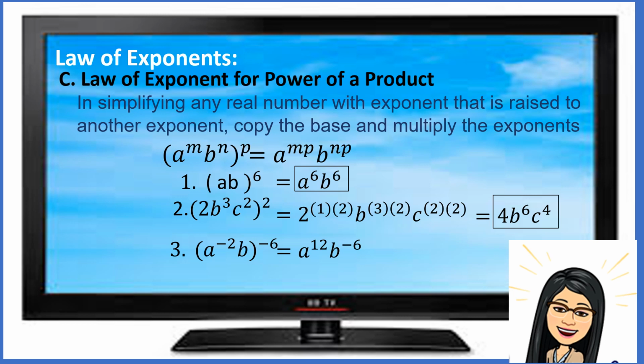Then, b is raised to 1 times negative 6. So, we have b raised to negative 6. Since b is raised to negative 6, we have to take its reciprocal. So, we will get a raised to 12 over b raised to 6. And this is our simplest form.